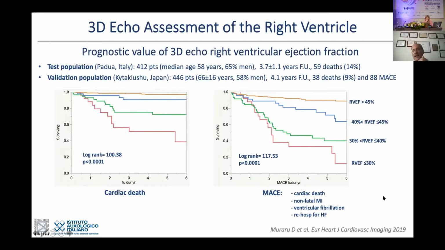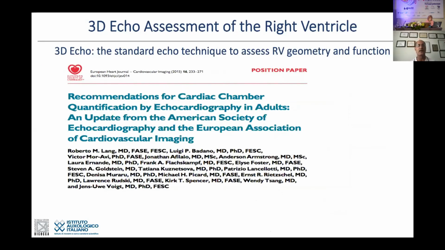And then we asked our Japanese colleagues to test those cutoffs in a validation population that was completely different. And they confirmed the ability of those cutoffs to clearly differentiate our patients, both for the endpoint of cardiac mortality and of major adverse cardiac events, that is a composite endpoint of cardiac death, non-fatal myocardial infarction, ventricular fibrillation, and rehospitalization for heart failure.